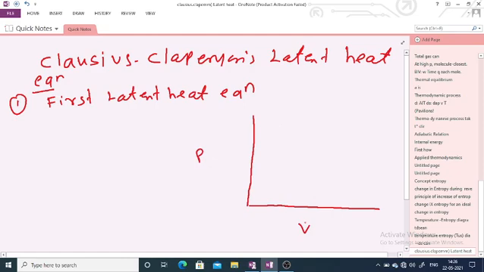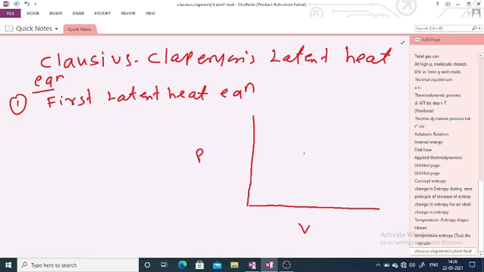Before going to represent this in the isothermal curve, you should remember Andrews experiment. Andrews performed a number of experiments to explain the behavior of real gases.